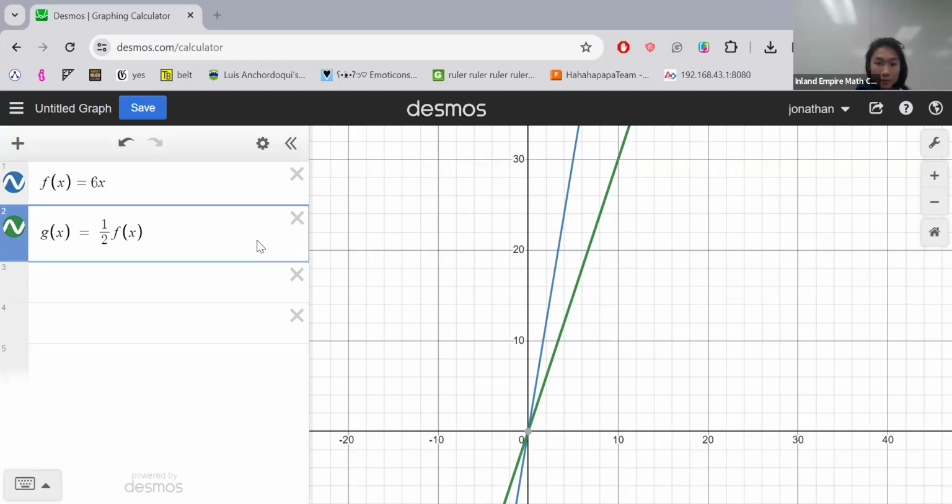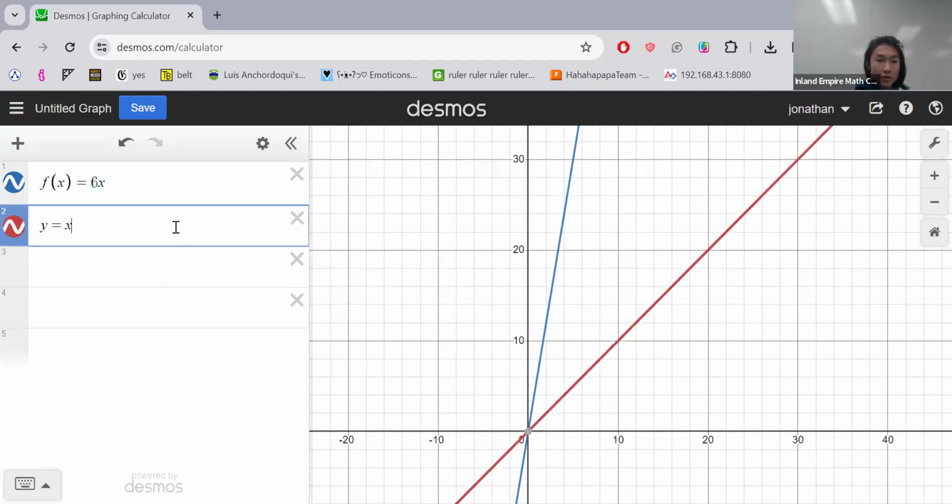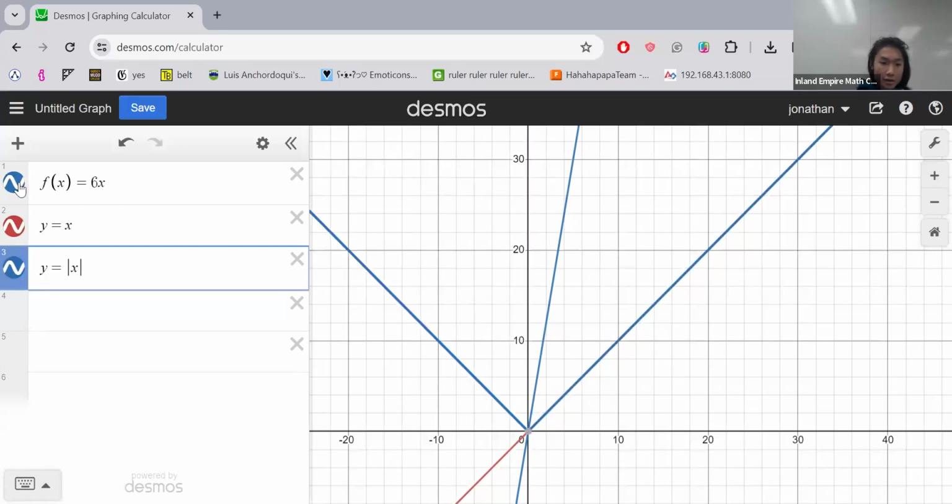Let's see. All right, now let's introduce another one, which is going to be absolute value. So we can explore how this changes functions. Let's say we have a function y of x, it'll be this red line here going up. But if I add this absolute value here, you can see what we get is a sort of V shape.